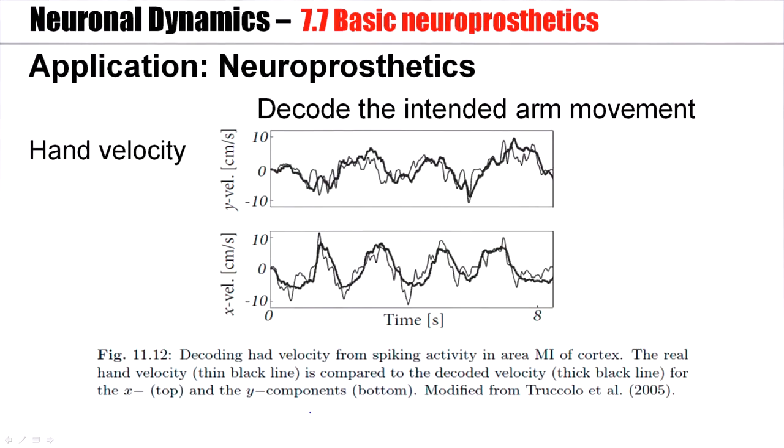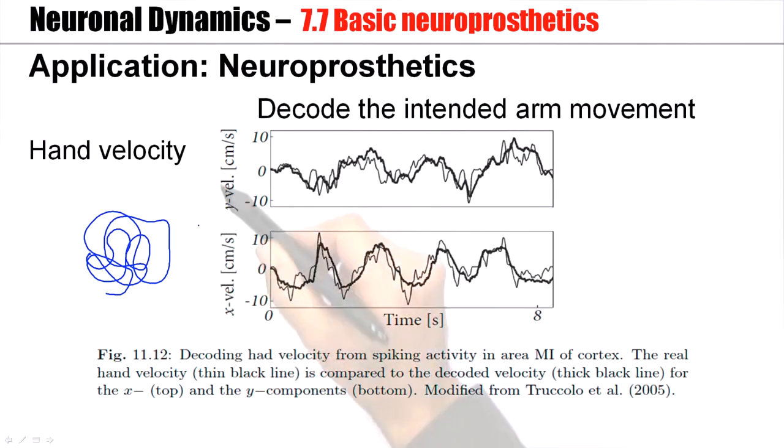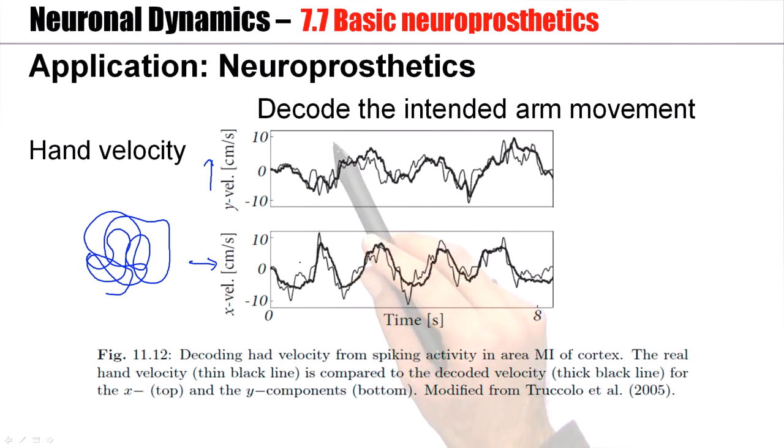And here is an example now in M1 cortex of a monkey. While the monkey performs some hand movement, you can record the vertical velocity of the hand and the horizontal velocity of the hand while measuring spikes in the brain.